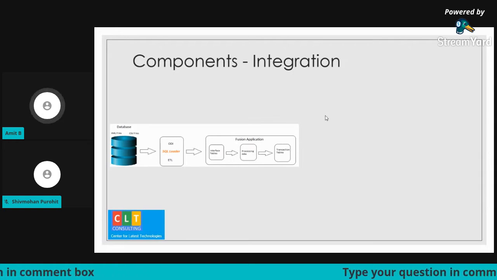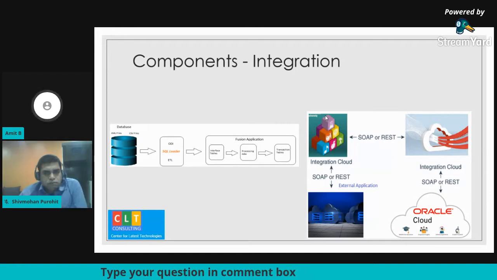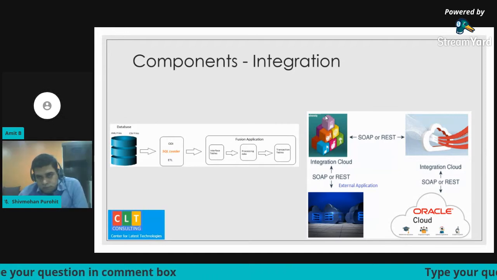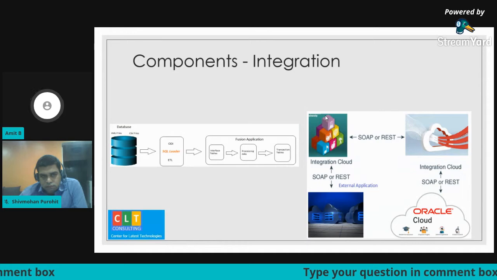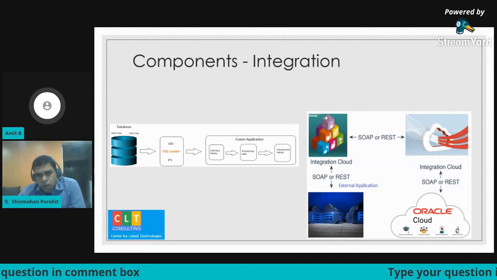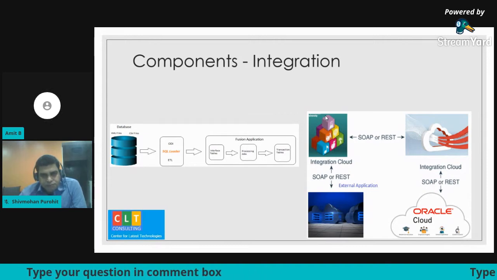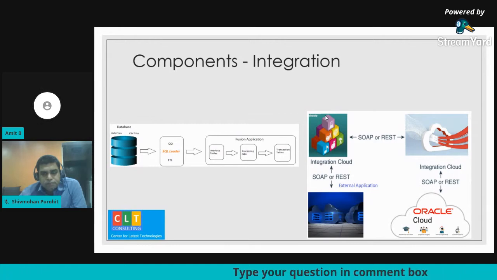So that is how the integration happens, and you could use different APIs which are already provided by Oracle, or you can develop your own APIs and some other custom programs to get or provide information.